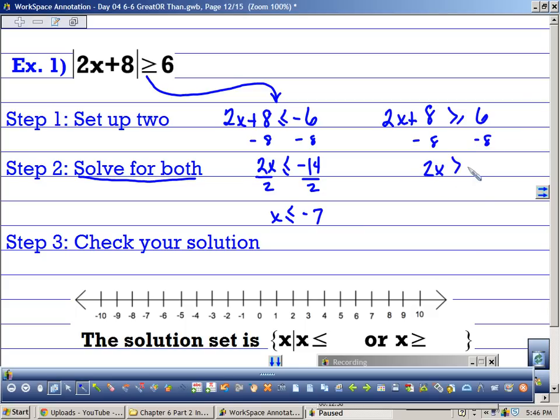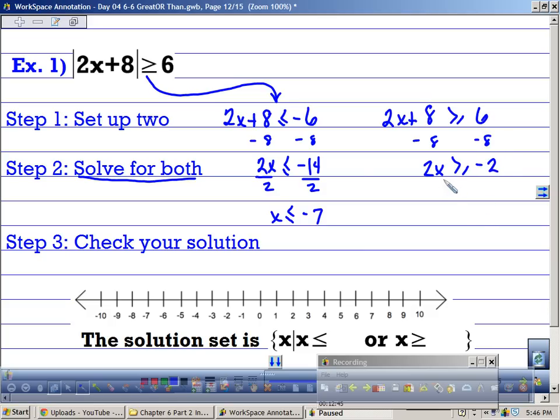And 2x is greater than or equal to, I have a negative 8, positive 6. 8 negatives is larger than 6 positives, so negative 2. And when I divide both sides by 2, I get x is greater than or equal to negative 1. I'm going to go ahead and graph that and make sure this makes sense.